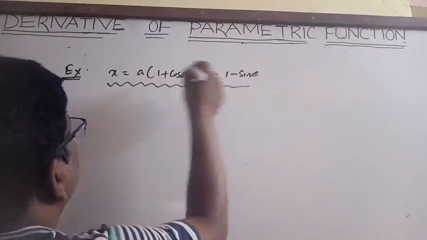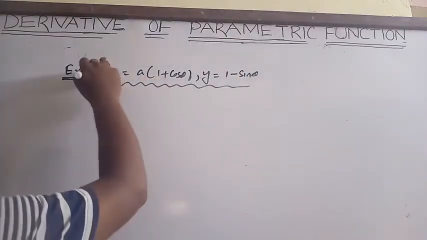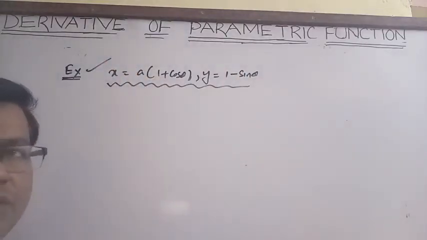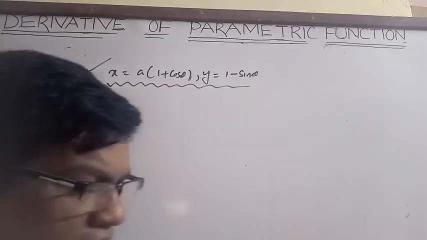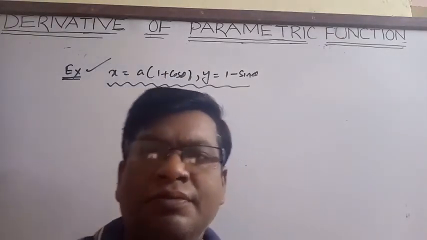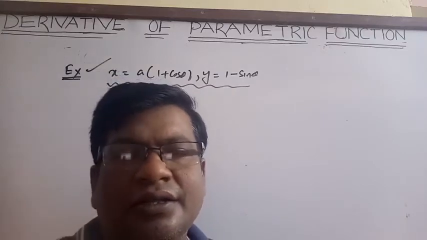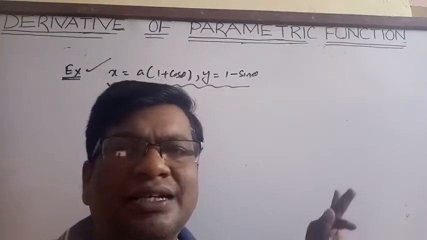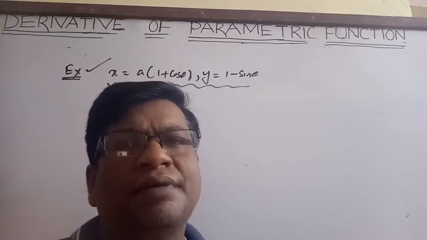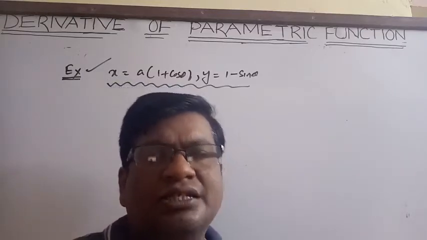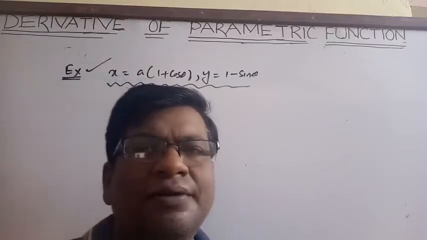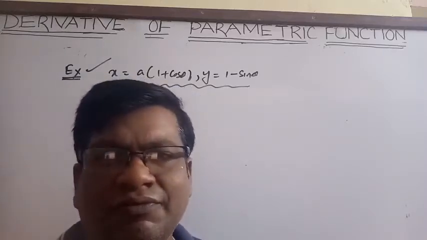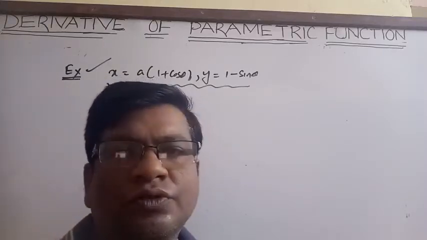A parametric function may be in terms of theta or in terms of t. The third variable, which is common to both x and y, is called the parameter, and the function is called a parametric function. Very easy. So watch carefully.